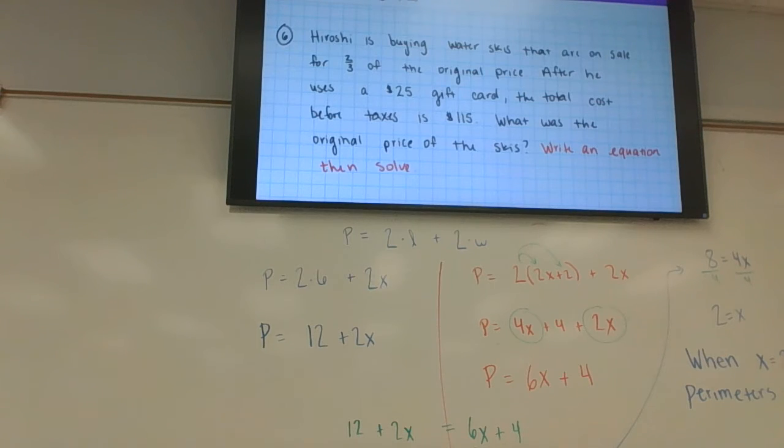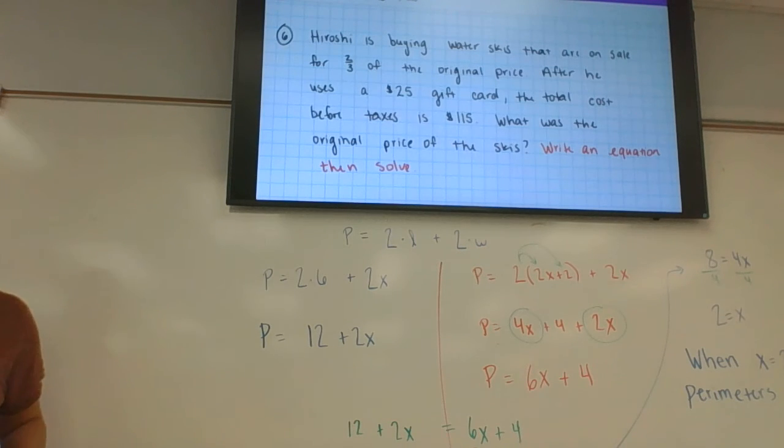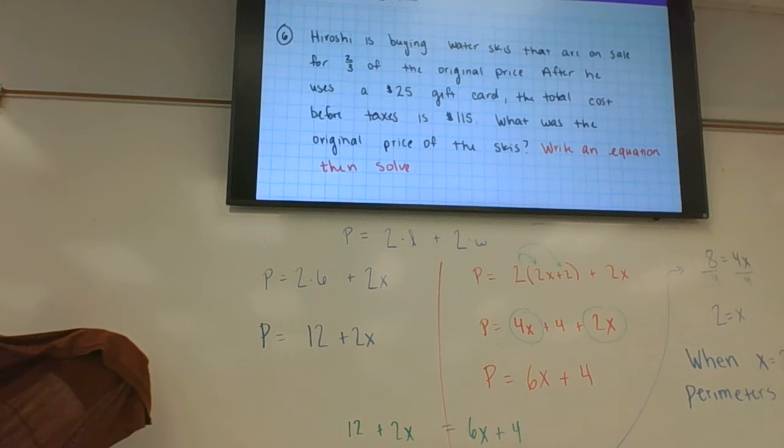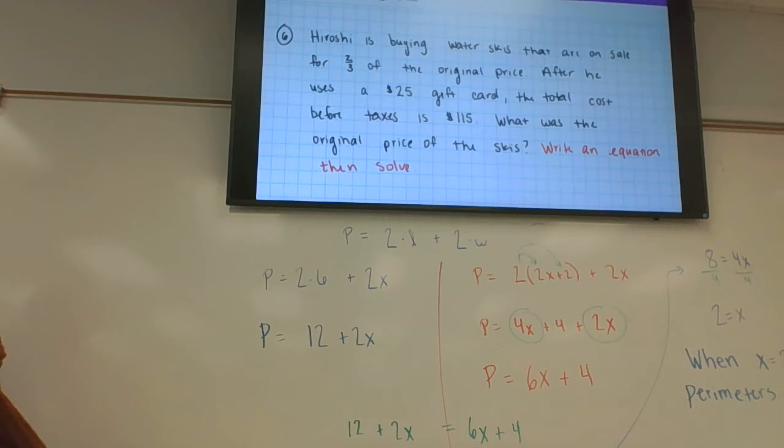Are you discriminating? This is how the government says that our problems are culturally sensitive, is that they use the exact same problem and they put Hiroshi in it instead of David. And now it's like culturally diverse. I agree. Not true. You can't just put an ethnic David and say that this is culturally diverse, but whatever. Hiroshi is obviously Asian.